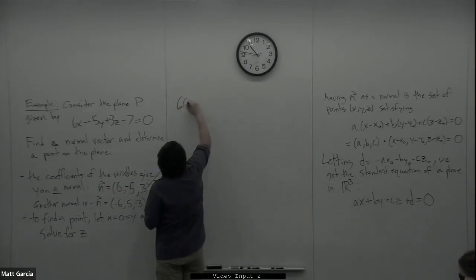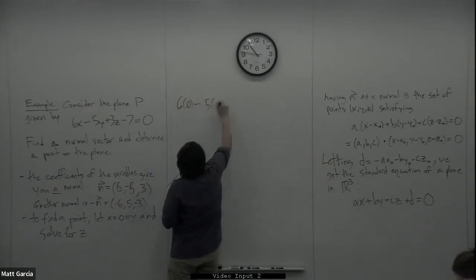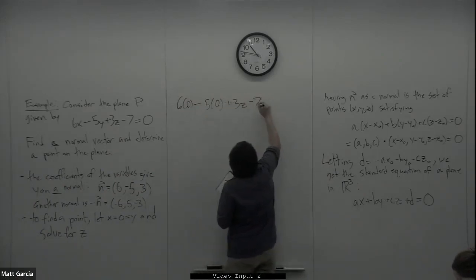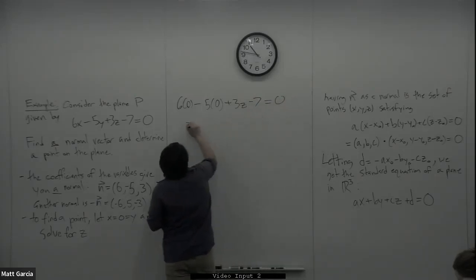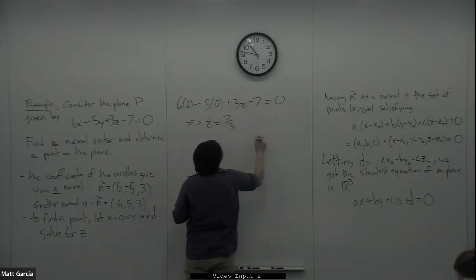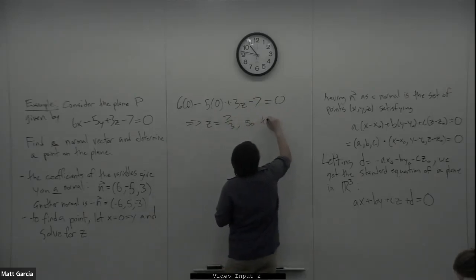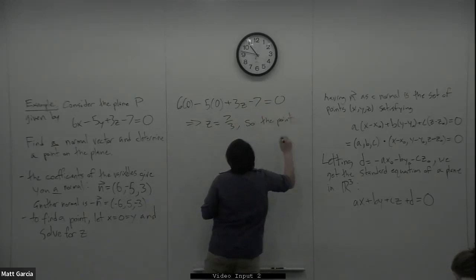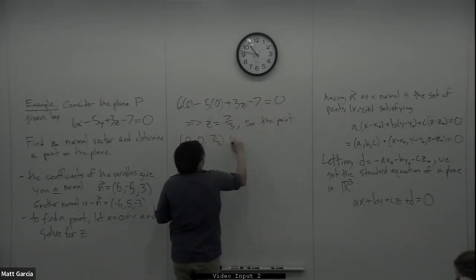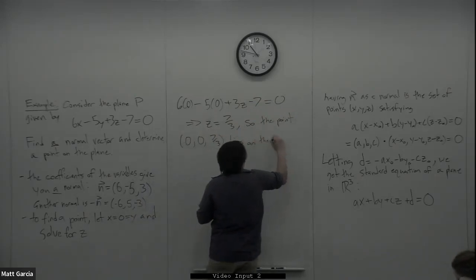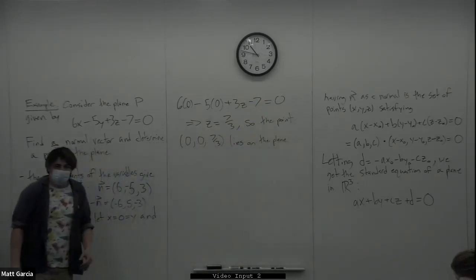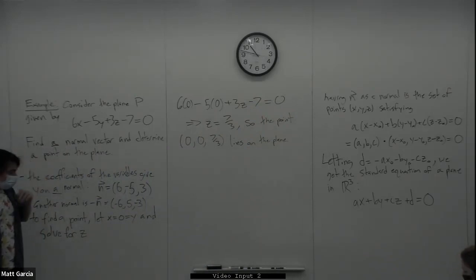So what do we get? 6 times 0 minus 5 times 0 plus 3z minus 7 equals 0. I do some arithmetic, and I get z is equal to 7/3. So the point (0, 0, 7/3) lies on the plane. Not so bad, right?